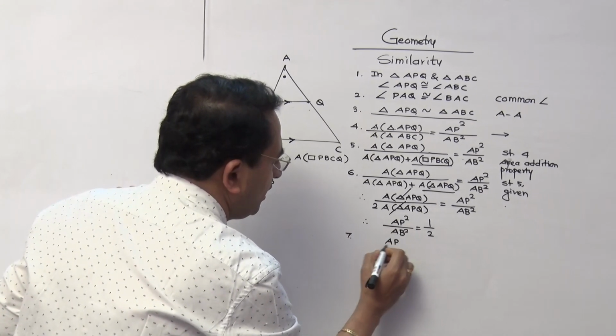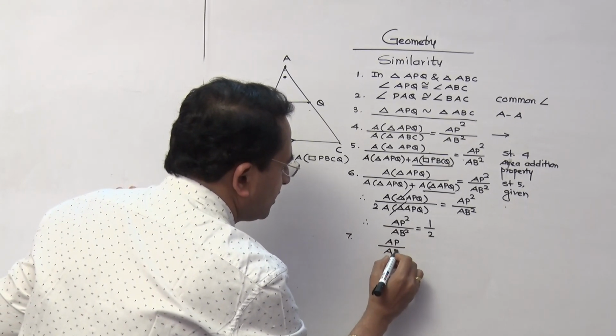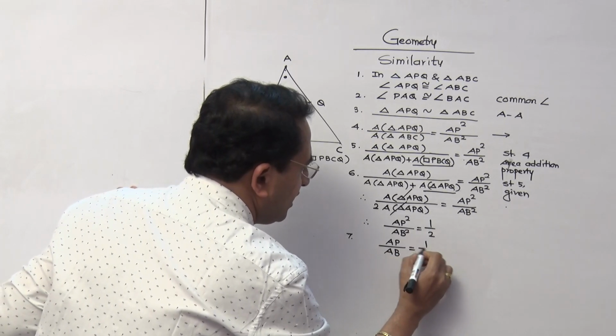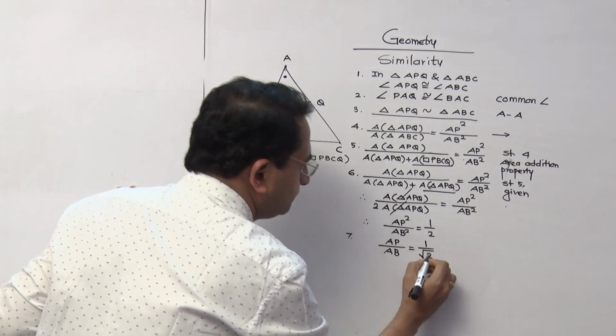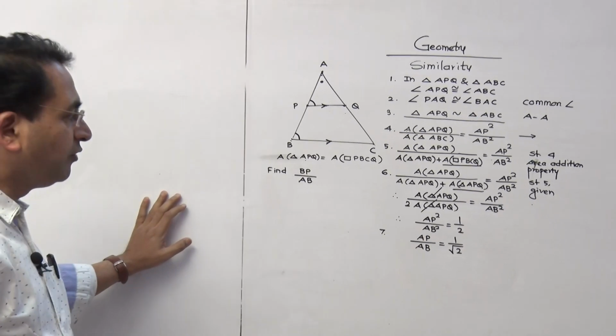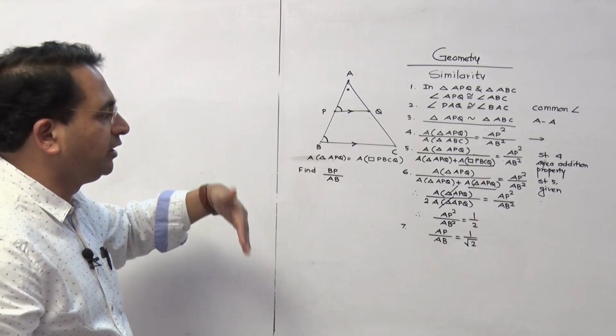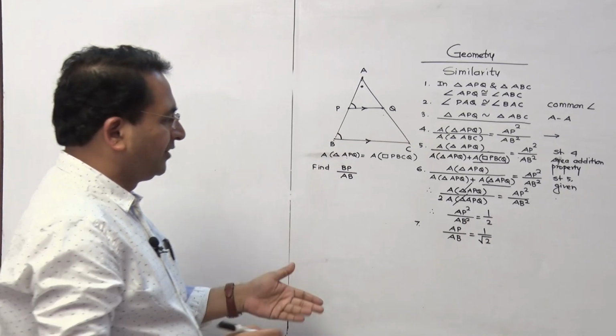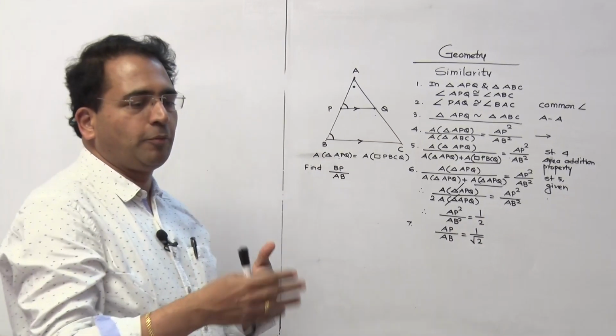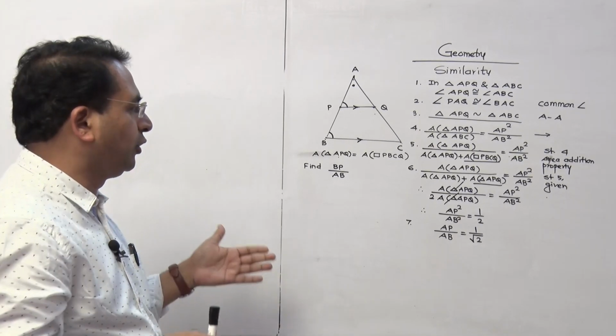Therefore AP upon AB is equal to 1 by root 2. Now we are getting that denominator. See, I am explaining this in a different way altogether. Now there are some properties: invertendo, addition, componendo, dividendo.